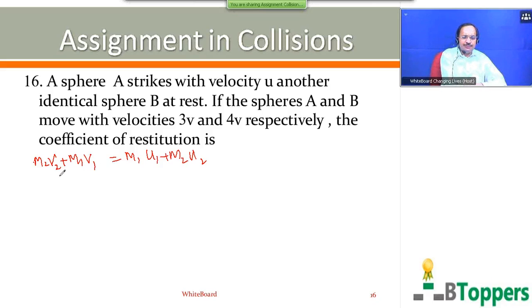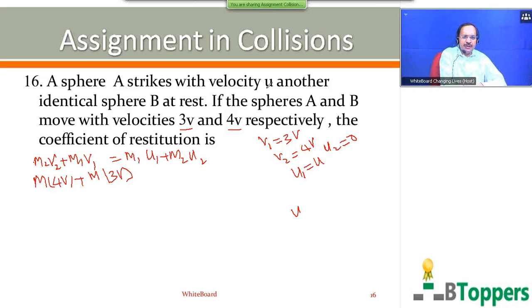Here m1 and m2 are equal, both m. v1 is 3v, v2 is 4v, and the second body is initially at rest, so u2 is 0 and u1 is u. That means the first body A before collision is u, and the second body before collision is 0.